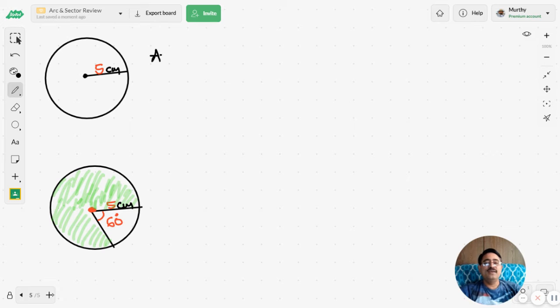So area of circle equals pi times radius squared. So pi, what shall I take? Is it 3.14 or 22 over 7? I see that the radius is 5 units. This is not a multiple of 7.